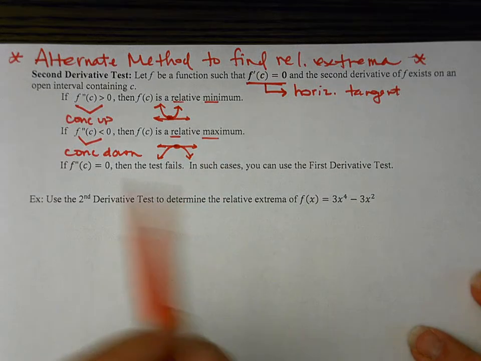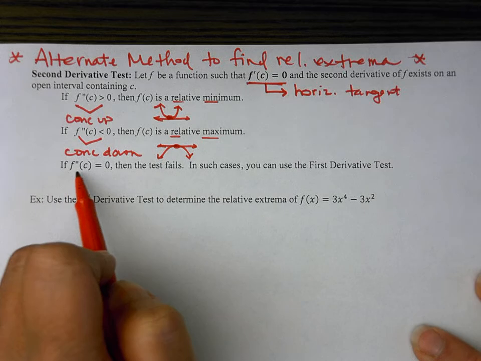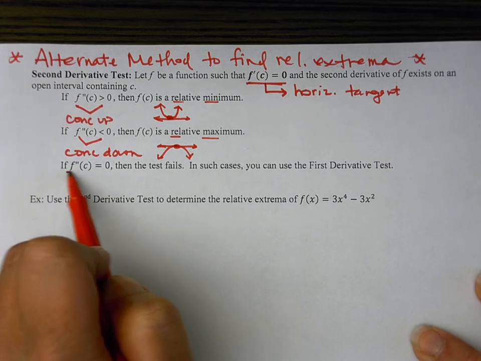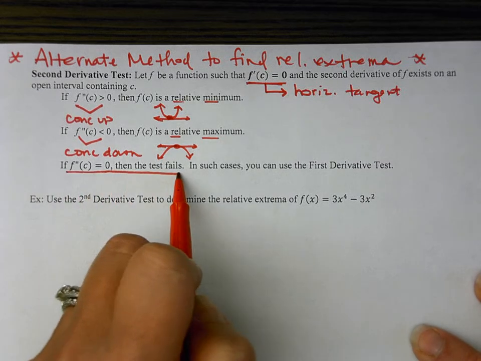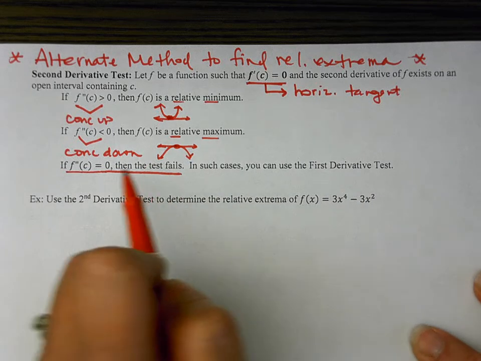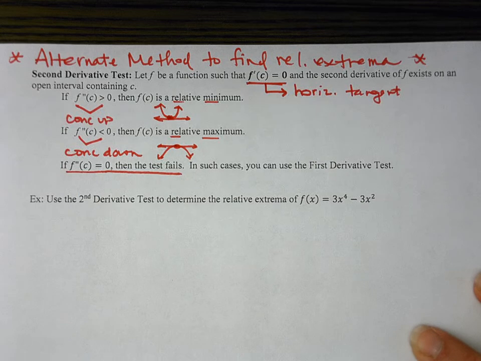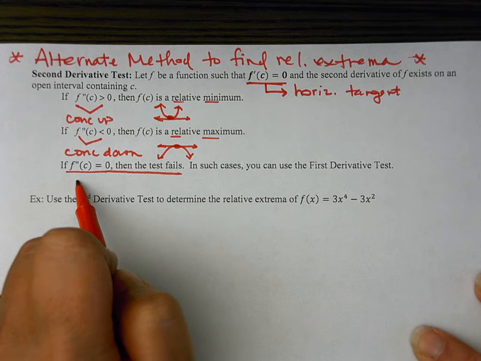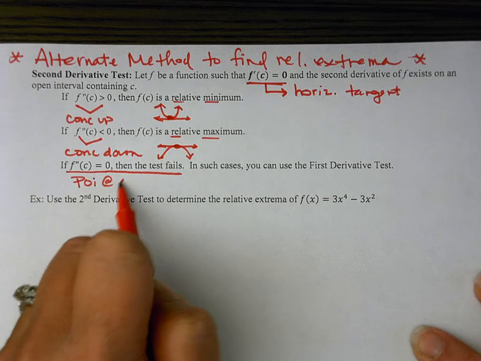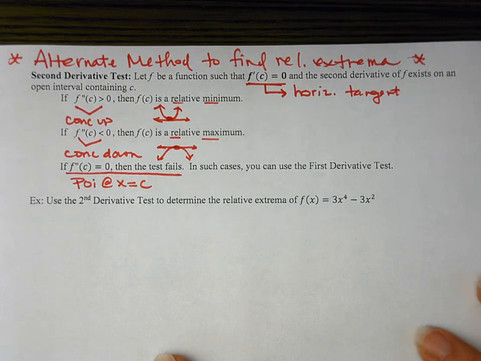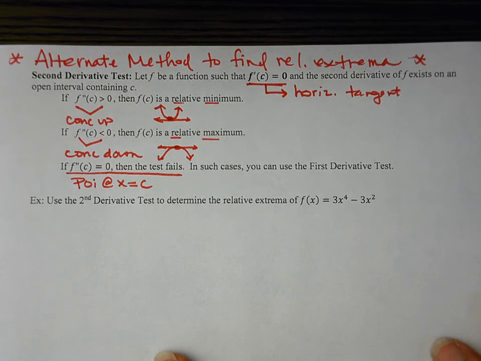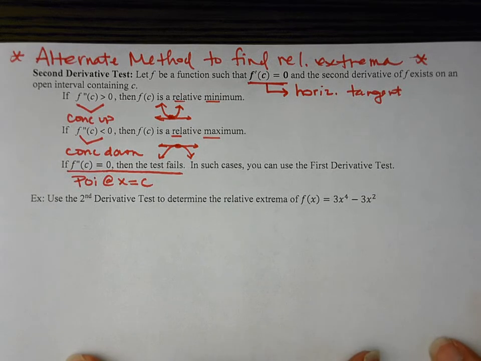And then, if you can't tell whether it's concave up or concave down, the test fails. And typically that means that it is a POI, okay? Not guaranteed, but typically you would have a POI at x equals c. The second derivative test is not guaranteeing that, so keep that in mind.